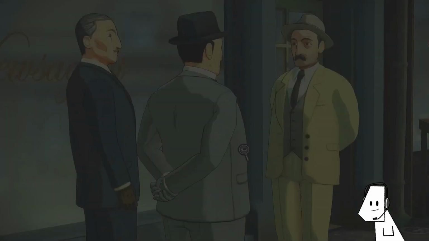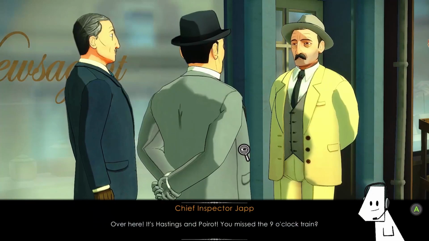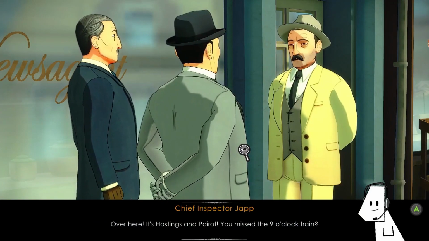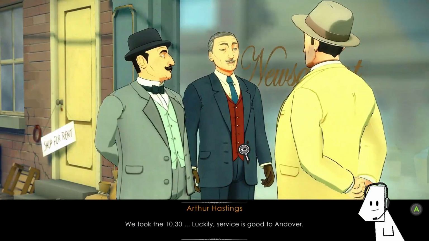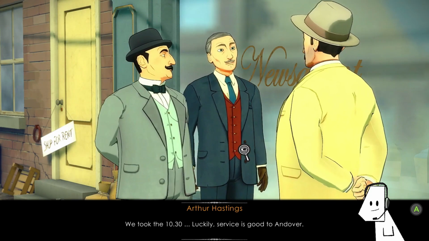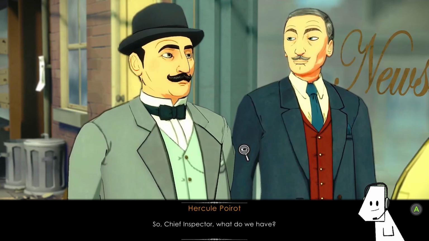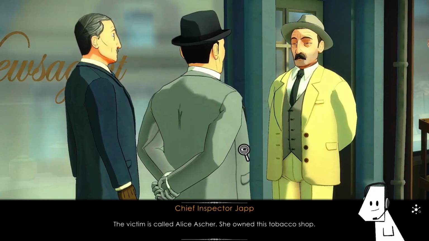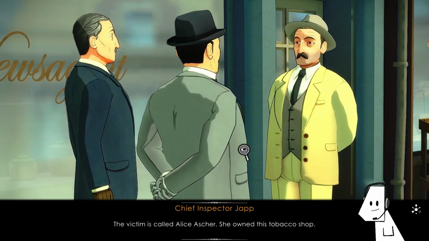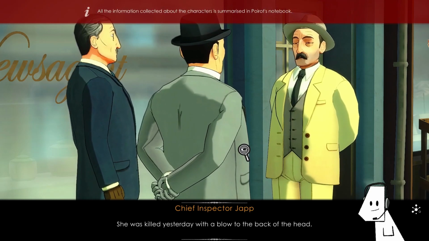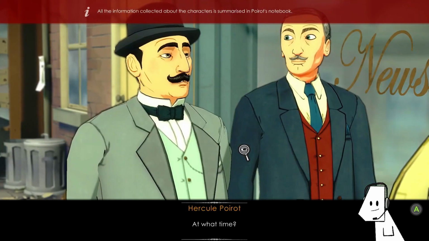Bonjour. Over here, it's Hastings and Poirot. You missed the 9 o'clock train? We took the 10:30. Luckily, the service is good to Andover. So, Chief Inspector, what do we have? The victim is called Alice Asher. She owned this tobacco shop. She was killed yesterday with a blow to the back of the head. At what time?